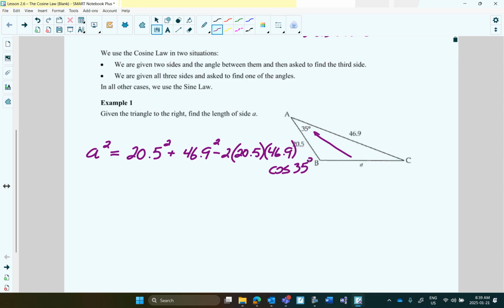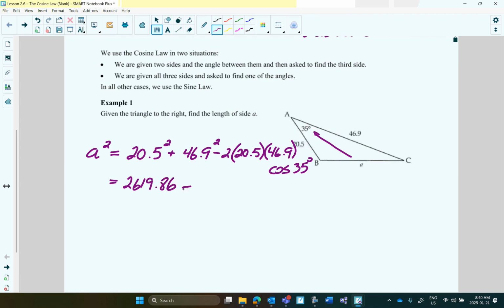You can do this all in one shot if you want, or you could do this piece, and then subtract them. It's up to you. If I do 20.5 squared plus 46.9 squared, I'm going to get 2,619.86.